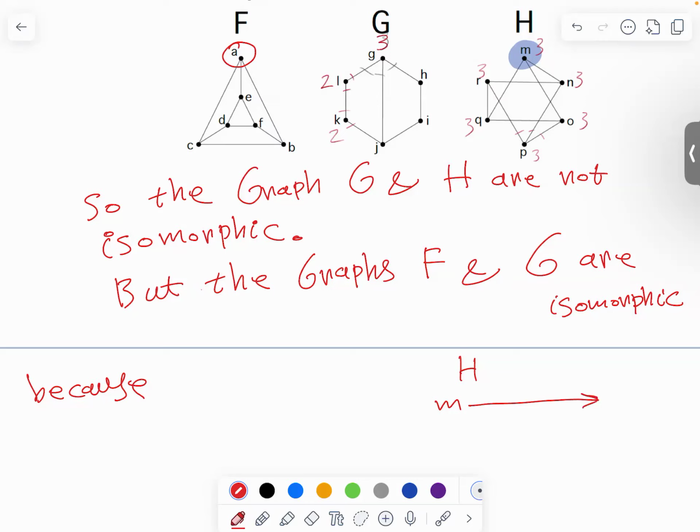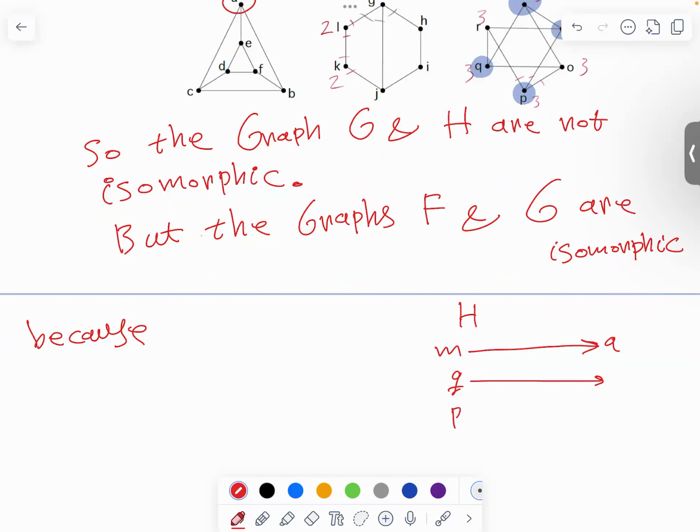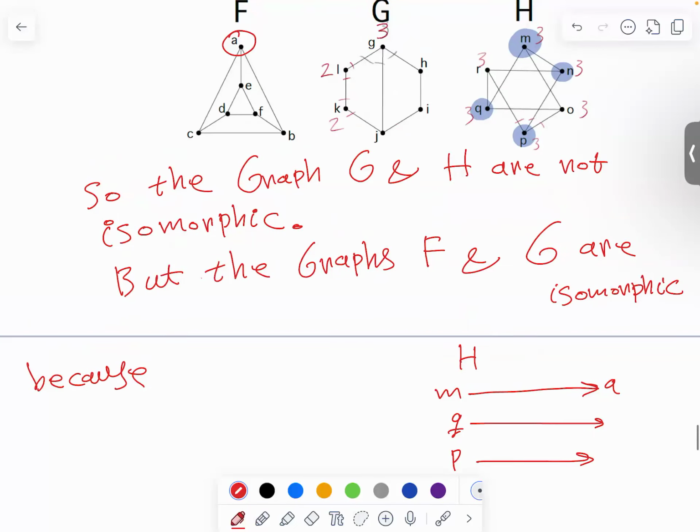So I will relate M to A. Now M is connected to Q, M is connected to N, and M is connected to P. So I will write Q, I will write P as well, N as well. Now A is connected to C, E.